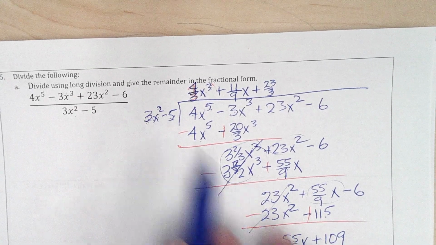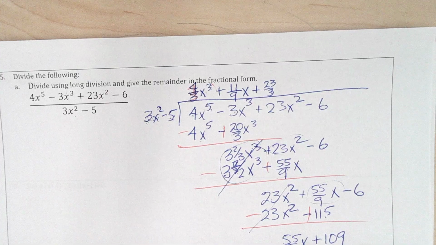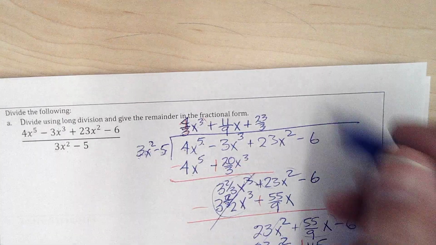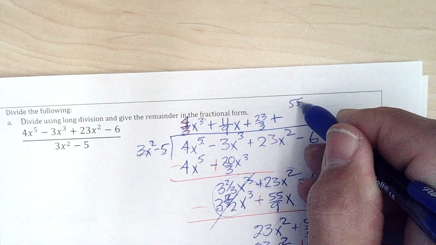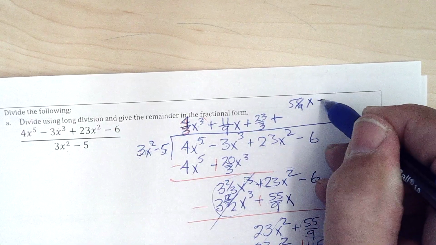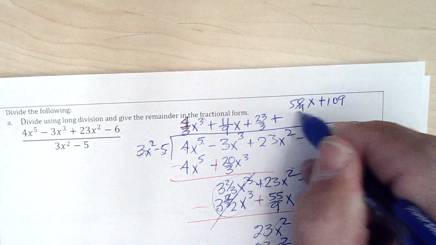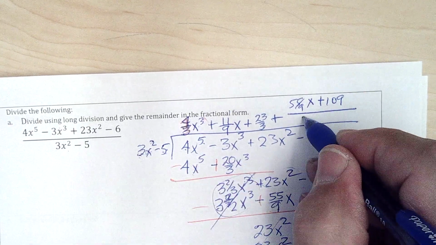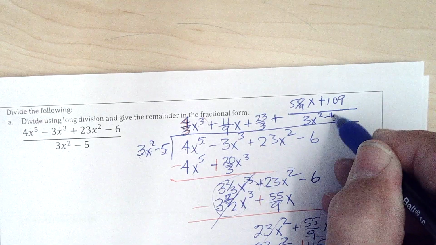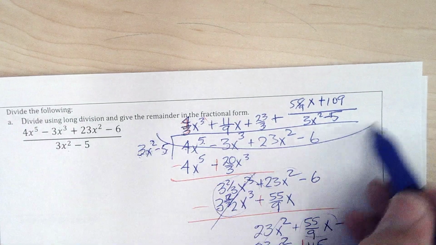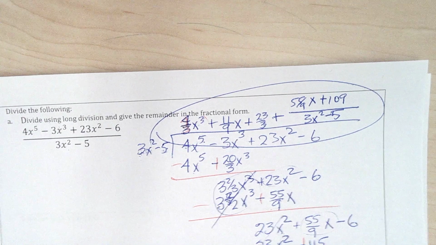This power degree is smaller than this, so that's my remainder that I write, plus 55 ninths x plus 109 divided by what I was dividing by. So there's my answer. That was messy.